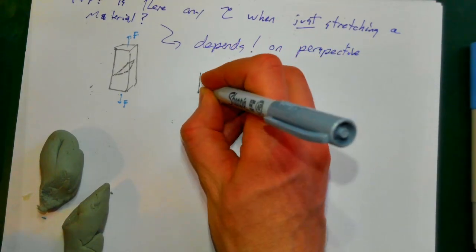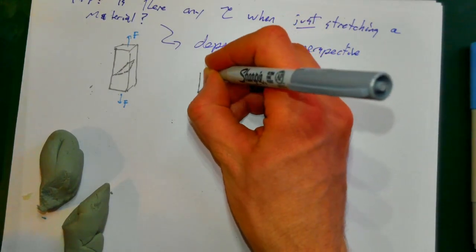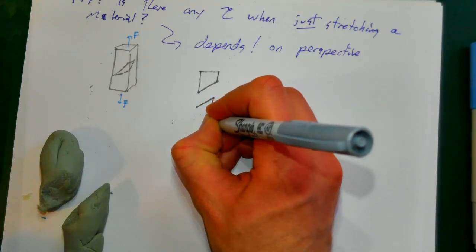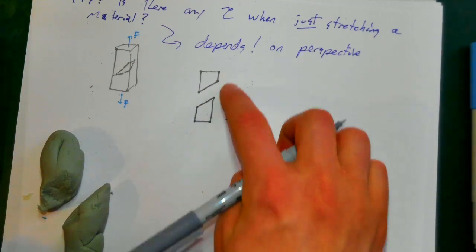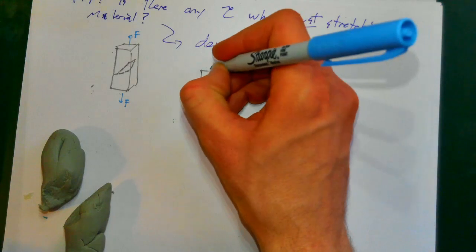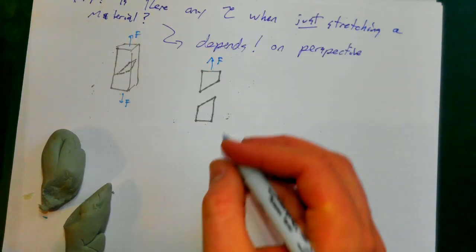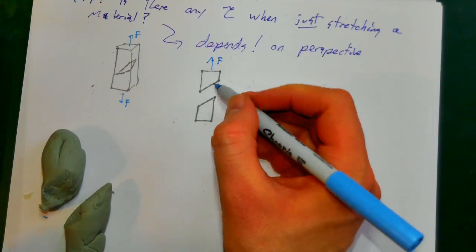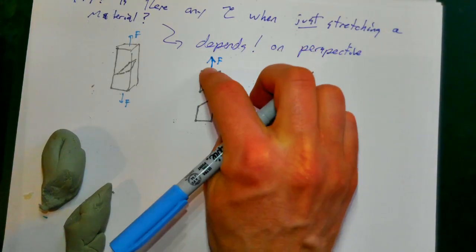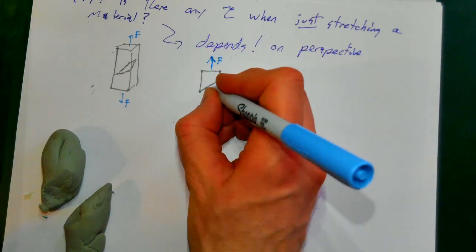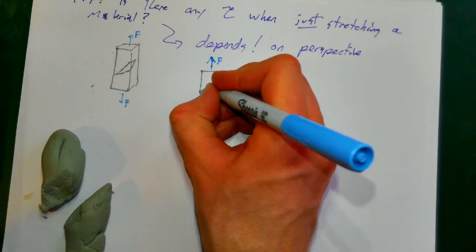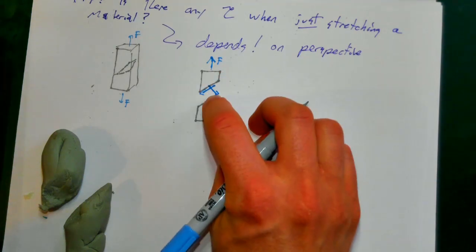So just imagine I'm looking at this face right here and I sliced it. I'm applying this force like this, but on this surface, cut like here, I could imagine this force as being broken down into an equivalent part that is parallel to the surface and an equivalent part that is perpendicular to the surface.